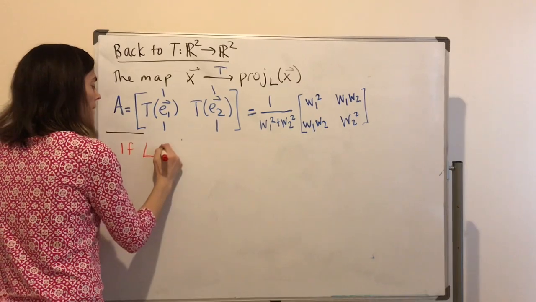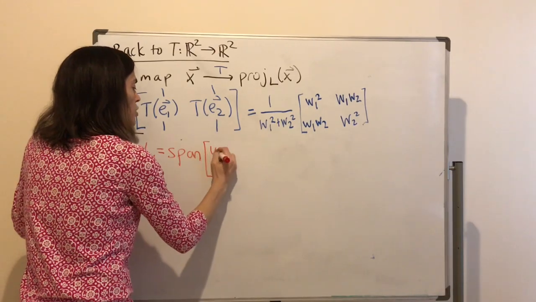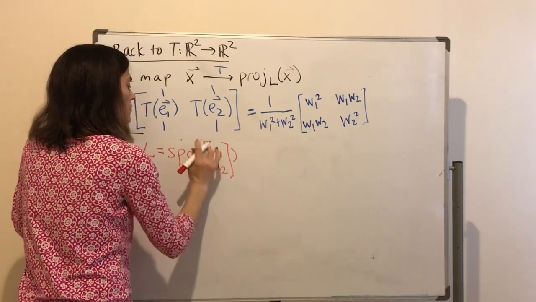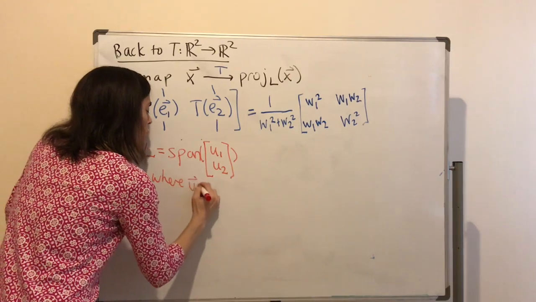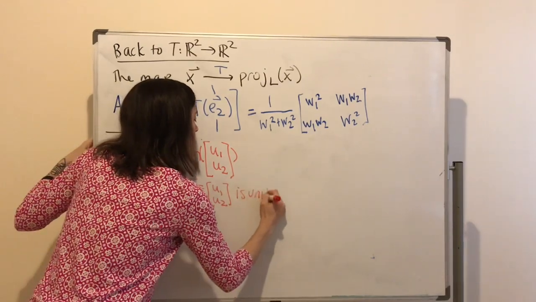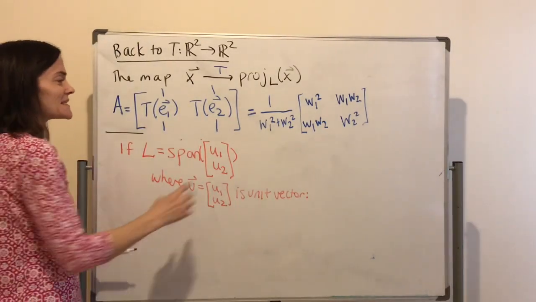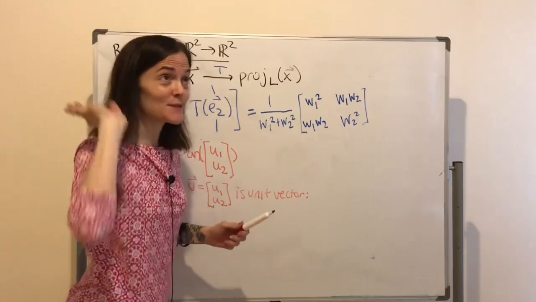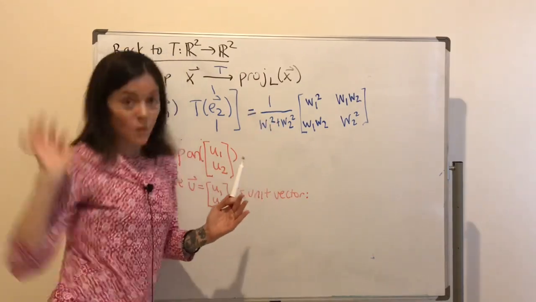If your line is the span of, let's say, U1, U2, where U1, U2 is a unit vector, well, the matrix looks a lot simpler, because this U1 squared plus U2 squared is just the length of U squared, right?